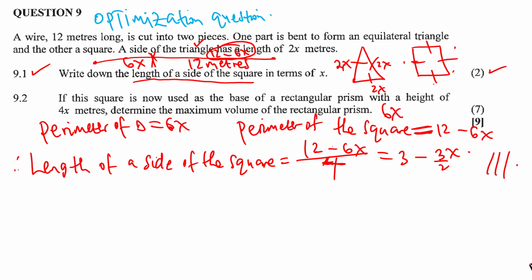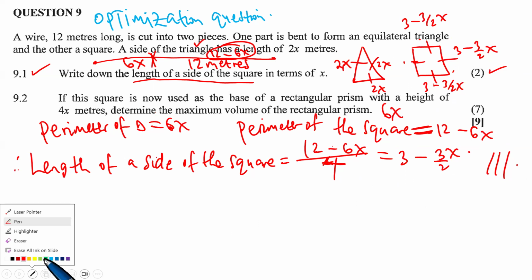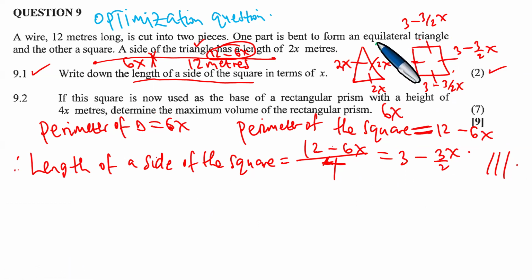Because they want us to write down the length of a side of the square in terms of x, we take the remaining length of the wire and divide it into 4 parts. Why 4? Because the square has 4 sides, and therefore each side is 3 minus that, 3 minus that, 3 minus that, and this one here is exactly 3 minus that.